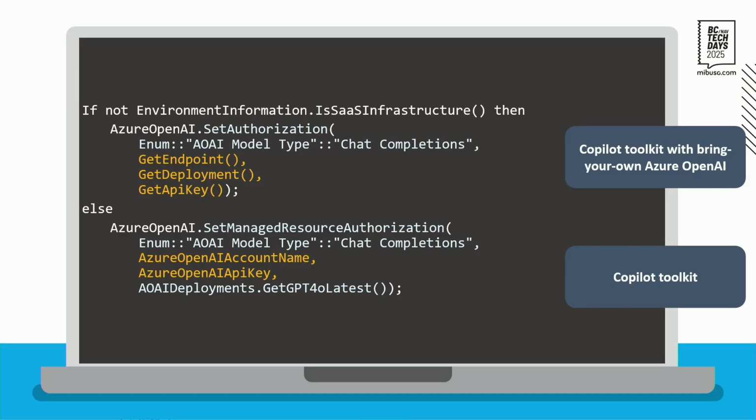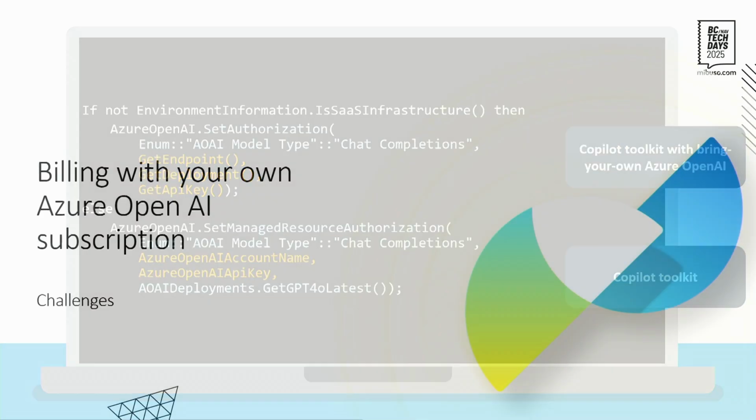We have a context object that you can use in AL code, so you can test whether you're running in production in SaaS. If you are not, you use your own. If it's the customer's production, it will use the BC AI resources, right? So it's the same app, same source base. It's just contextual to the environment.